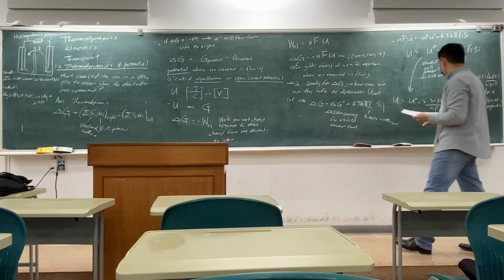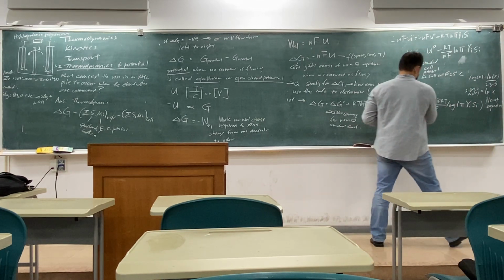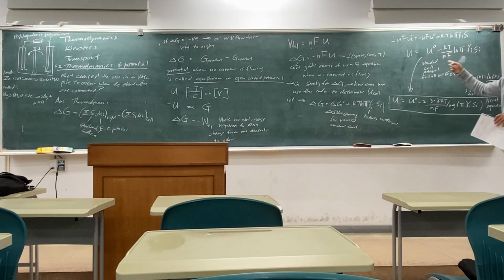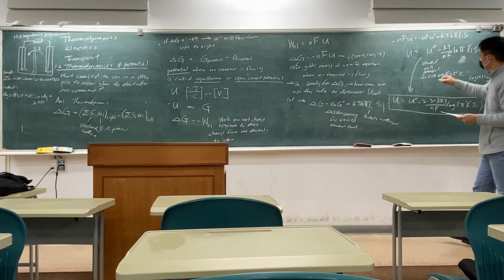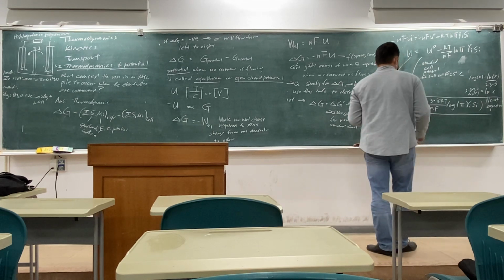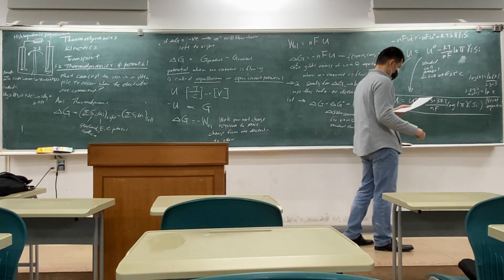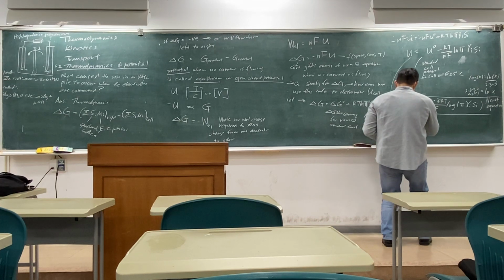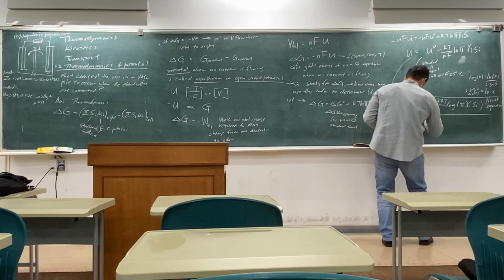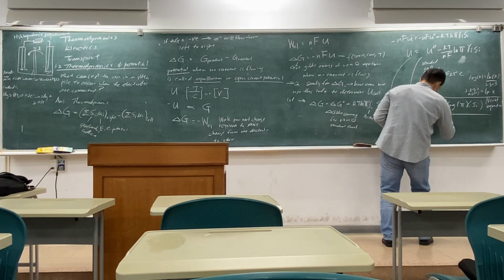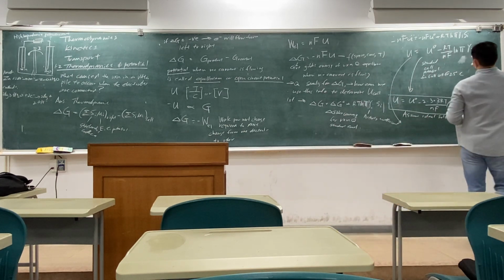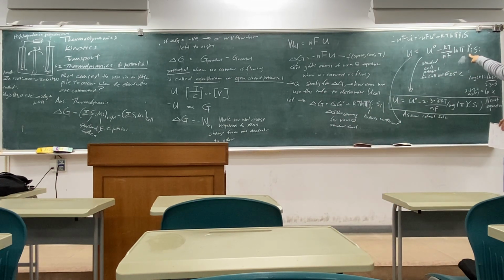This is one form of the Nernst equation. Another form is this, which is the Nernst equation as well. So from here to here, if we assume an ideal solution, then the activity coefficient is going to be equal to 1.